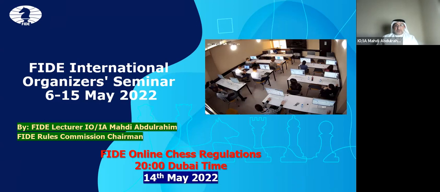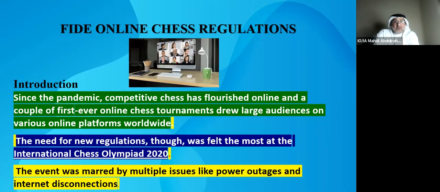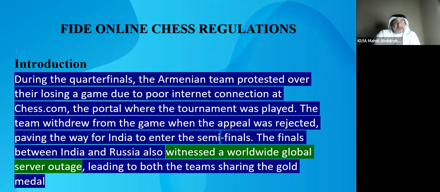So in this case, they organized the first Chess Olympiad, and there was a problem with some teams. During the quarterfinal, the Armenian team protested over losing a game due to poor internet connection at chess.com. The platform was chess.com.